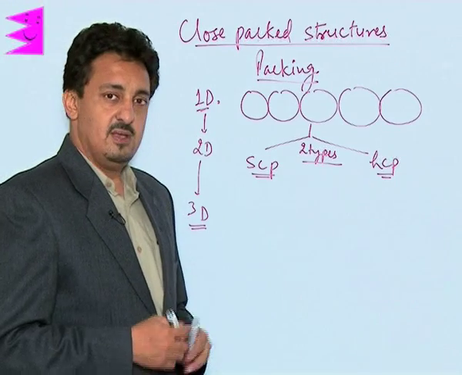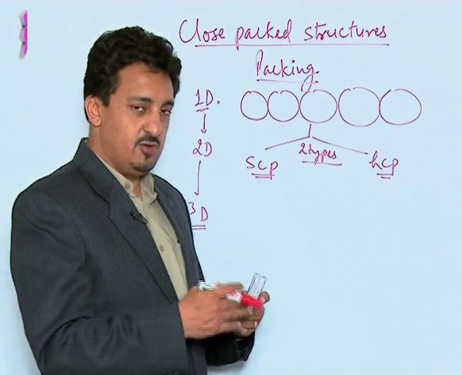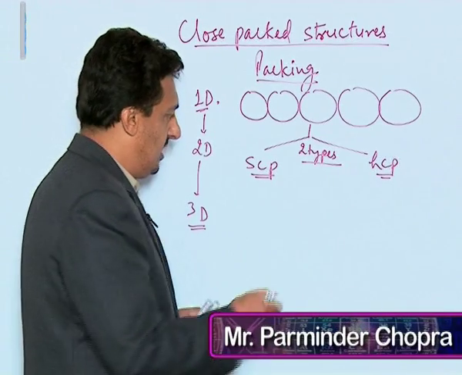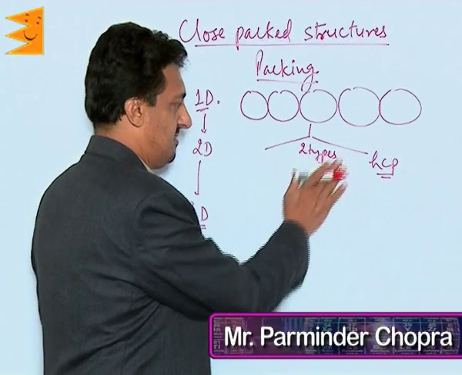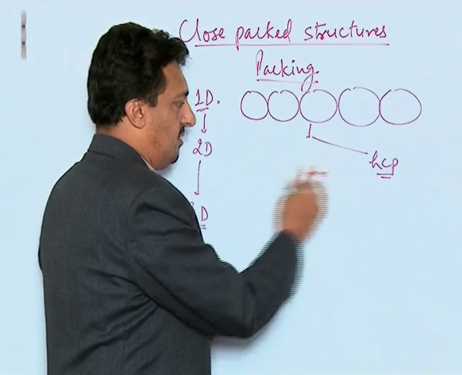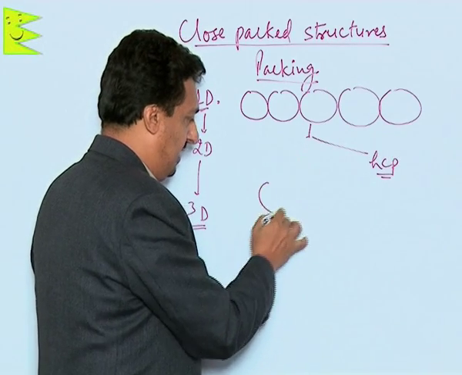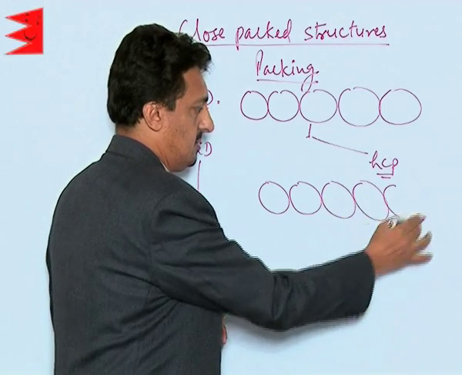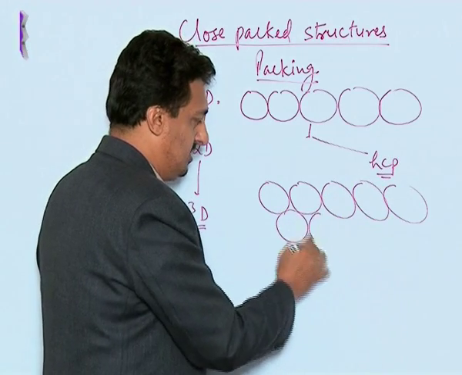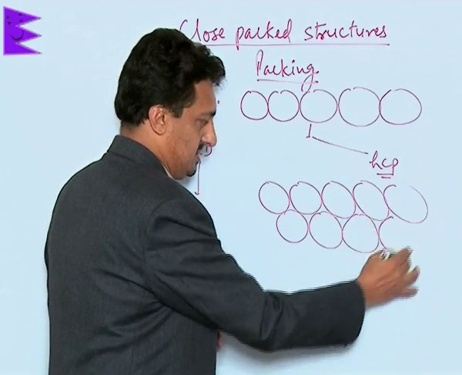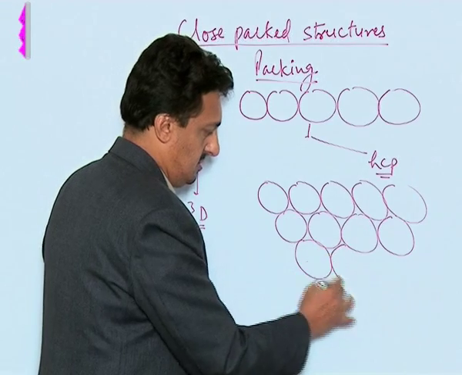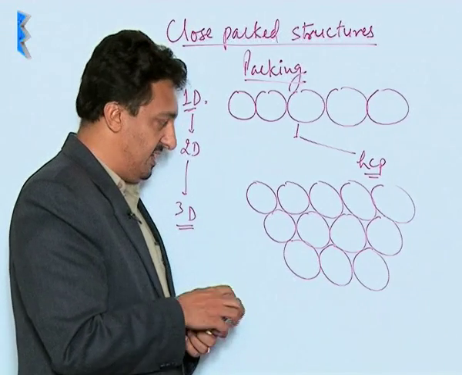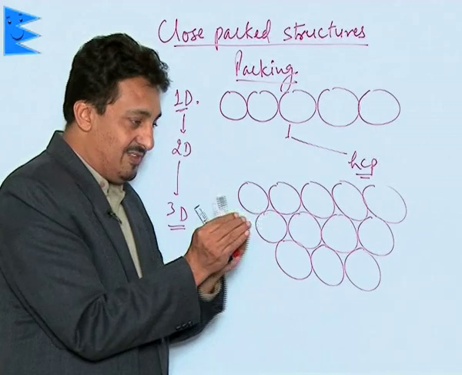Now let us see how the HCP type of two-dimensional packing is changed to a three-dimensional packing. Now in HCP type of packing, what we find is the particles are arranged one below the other two. It's like this. Now in these cases, the particles are already very closely packed.